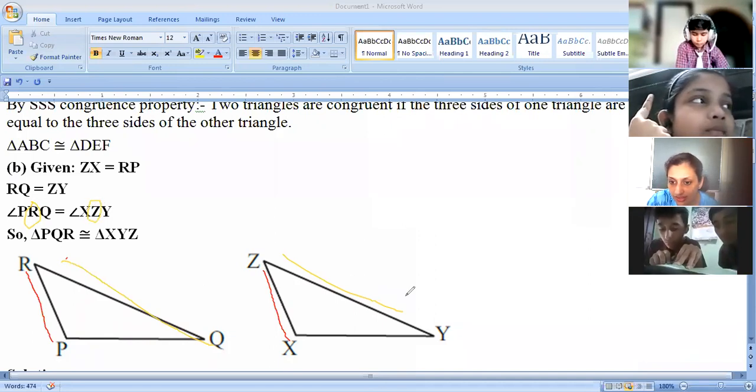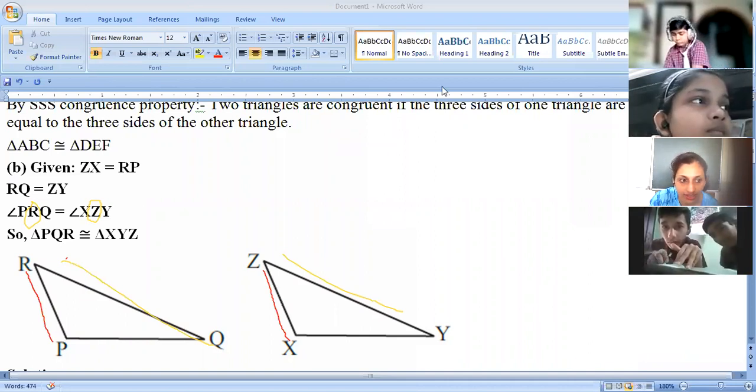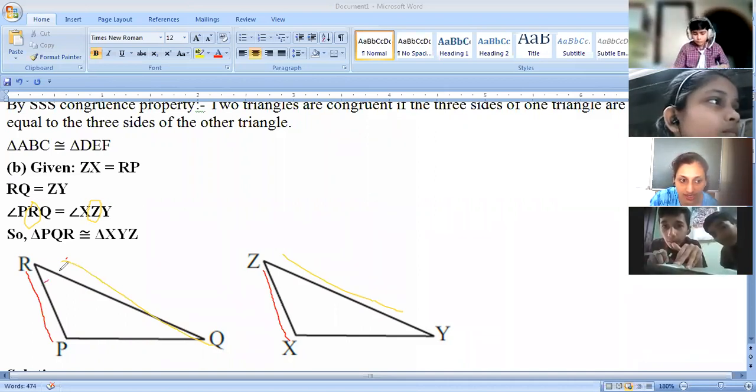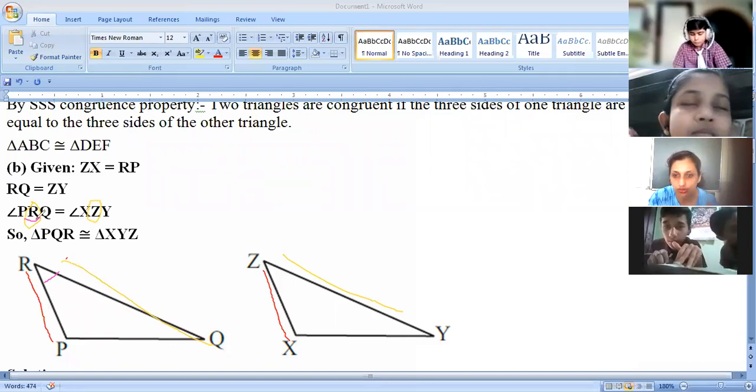If the angle is given as PRQ, that means you are talking about angle R here, this angle. If you say angle PQR, then you will be talking about angle Q here. The angle of the alphabet given in between is the one you are talking about.